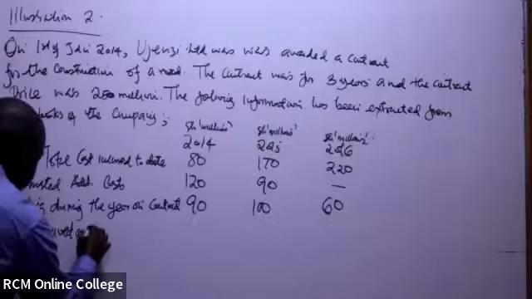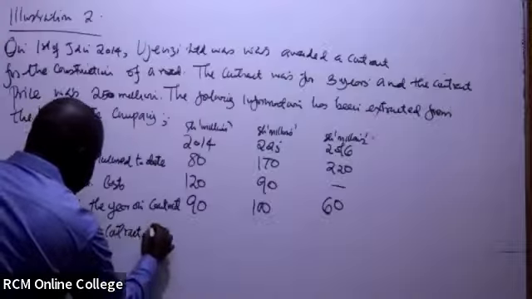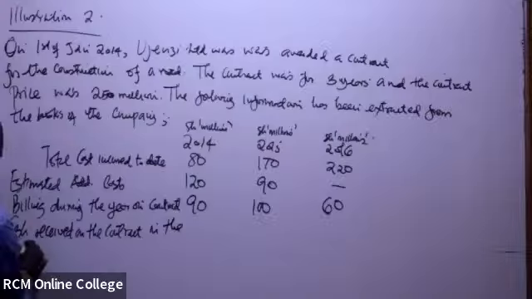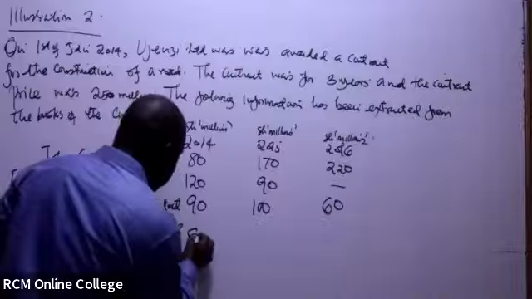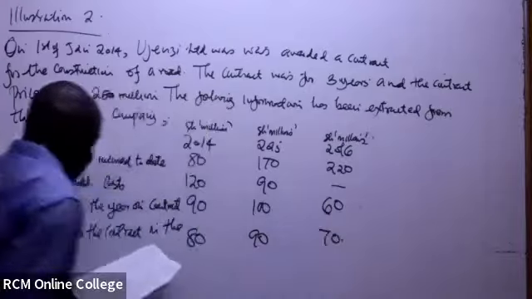What was actually received as cash on these contracts in the year was 80, 90, and of course 70 million.